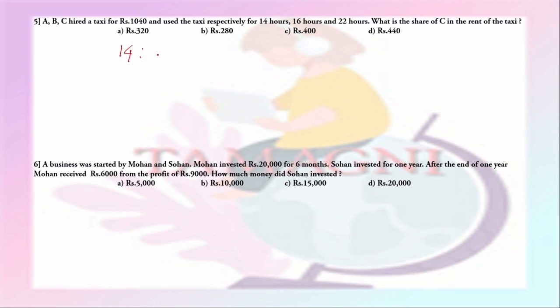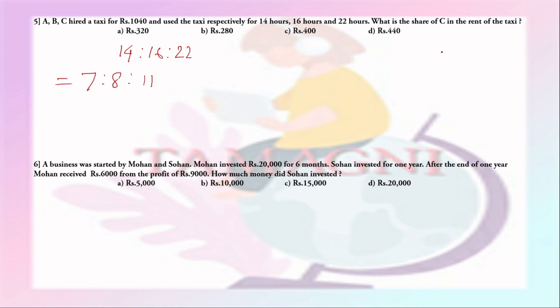14 is to 16 is to 22, which is equal to 7 is to 8 is to 11. Now we shall divide the rent in the ratio 7:8:11.